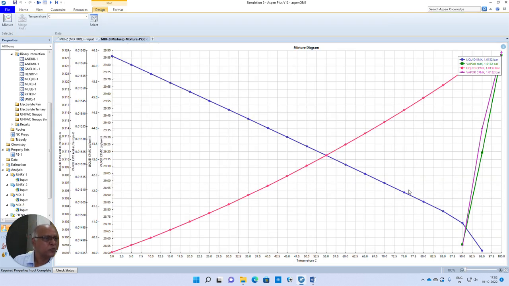Now you can see this is because of something else. The blue one is going to indicate the liquid thermal conductivity. This one is going to indicate the liquid Cp, and probably these two are going to indicate the vapor thermal conductivity and vapor Cp.